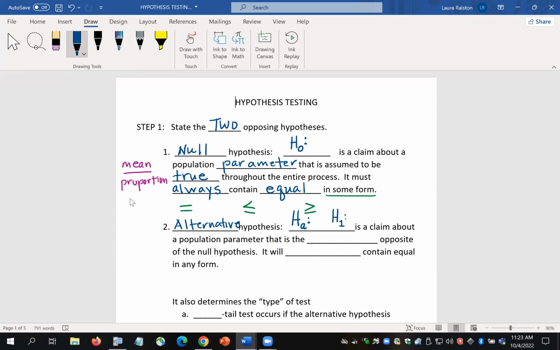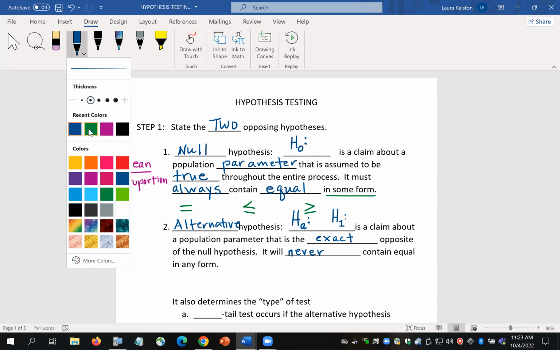But some texts do use a subscript of 1. It's a claim about the same population parameter that is the exact opposite of the null hypothesis, and it will never contain equal in any form. So it's about the same population parameter. Again, it's kind of like thinking guilty, not guilty. You have those two opposing hypotheses.